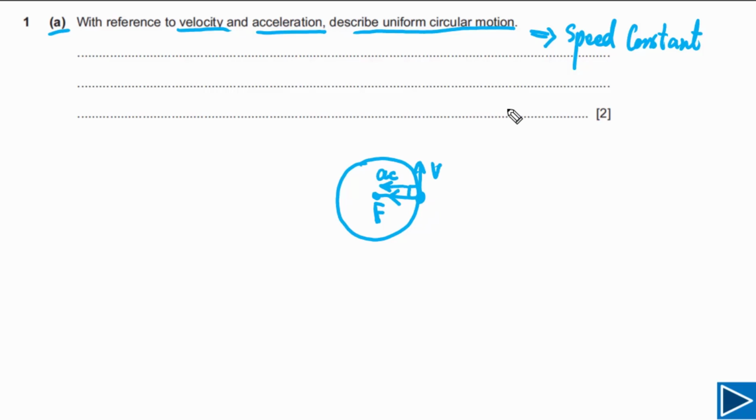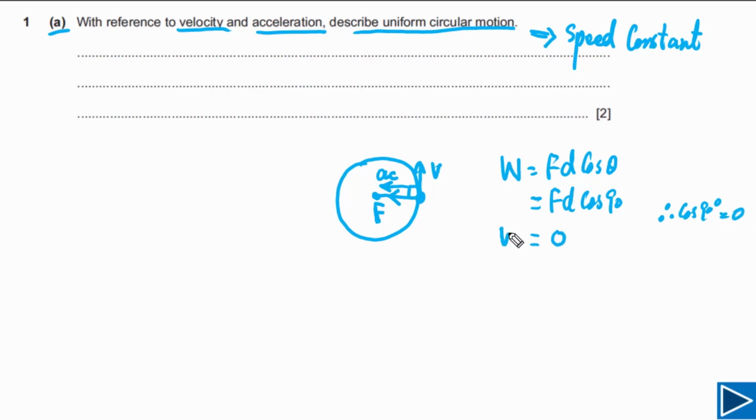Now we need to understand why the speed is not changing, as there is a force acting on the body. The force is acting but the speed is not changing, so we need to understand the work done by this force. Work done by this force is F d cosine of theta, and the angle between force and displacement is 90 degrees. So this is F d cosine of 90 degrees, and cosine of 90 degrees is equal to 0. So the work done by the force is equal to 0.